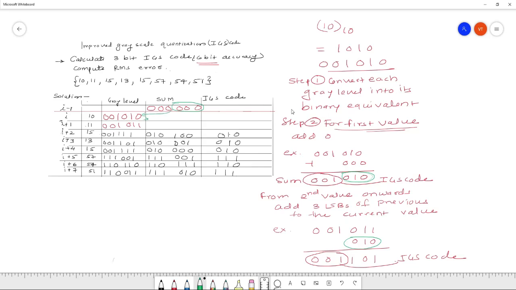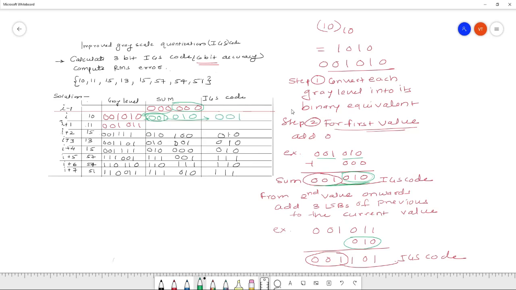This is what I have shown here: 001010 plus 00. I got this, so I will write it here 001010, and the 3-bit MSBs are the IGS code. So I'll write here 001.